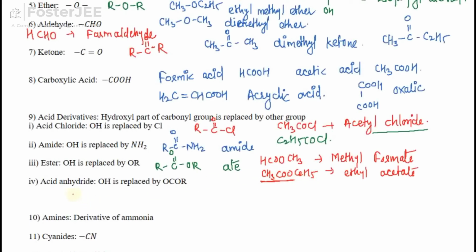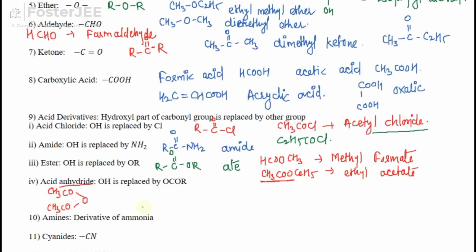Now the next one is acid anhydride, in which OH is replaced by OCOR. So the suffix used is anhydride. The first example is CH3CO, which is bonded with another CH3CO through one oxygen, because it is OCOR.